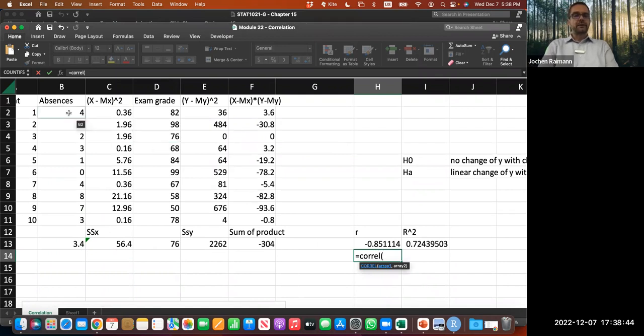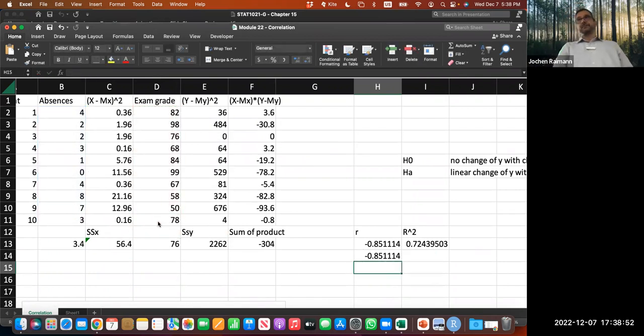The cor function with array 1, array 2 gives you the same result. Once again, you build your squared deviations, you sum them up, you get the sum of squares. Easy.